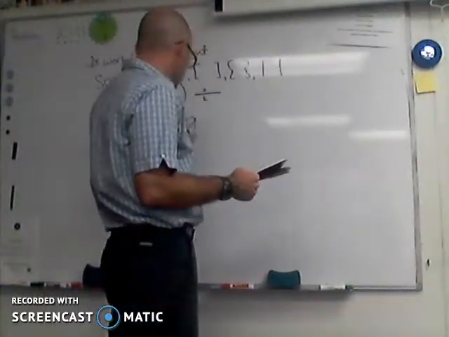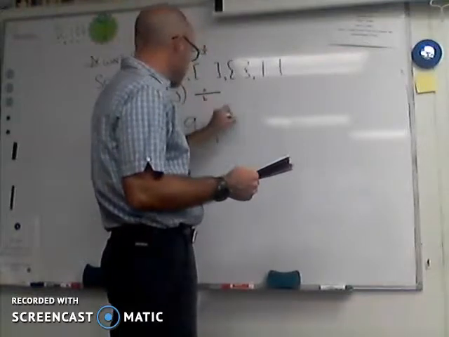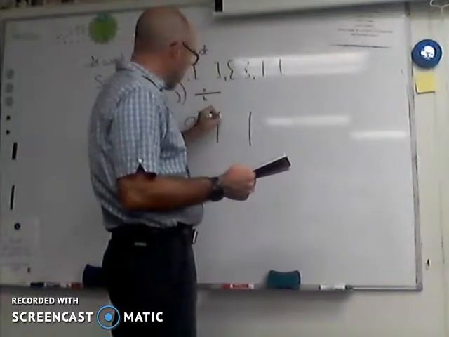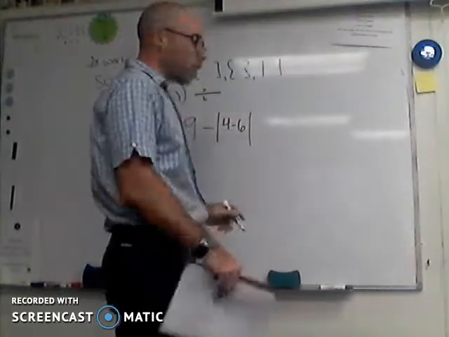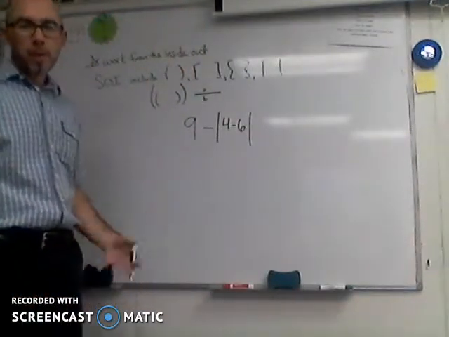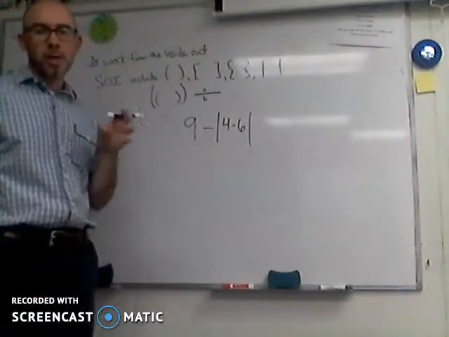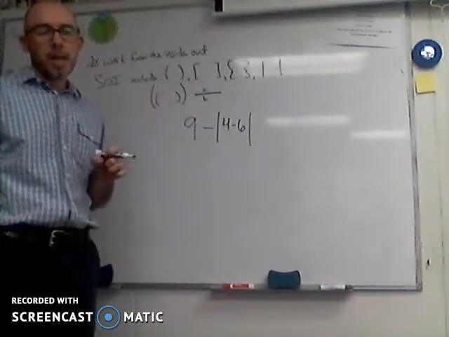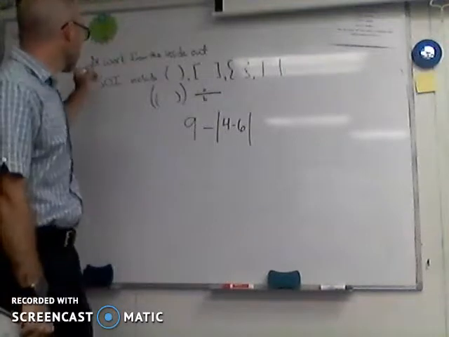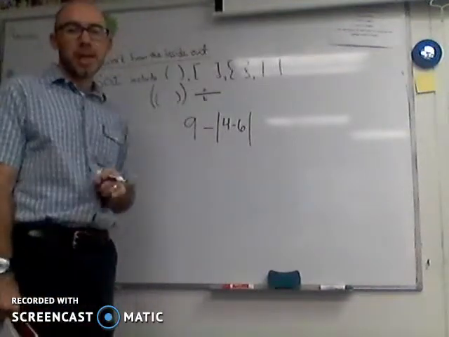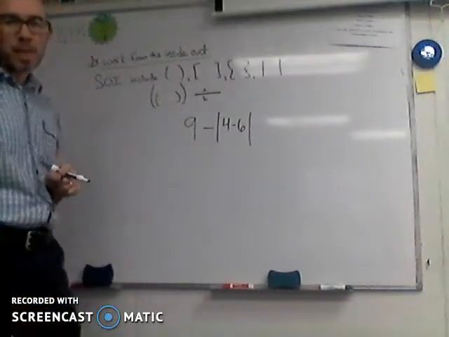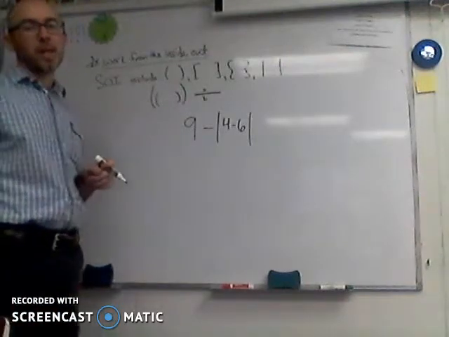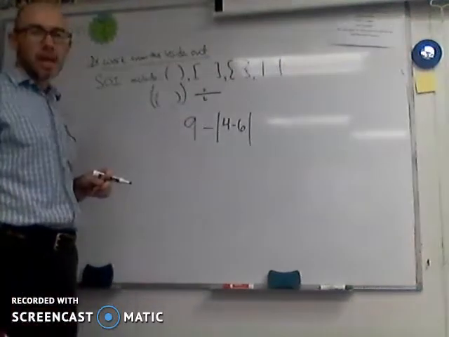The first example that they have in the book is 9 minus the absolute value of 4 minus 6. The way we work with these types of problems is we look for a problem inside of another problem. In general, we want to work from the inside out. That's our key strategy today: to learn how to work from the inside out.